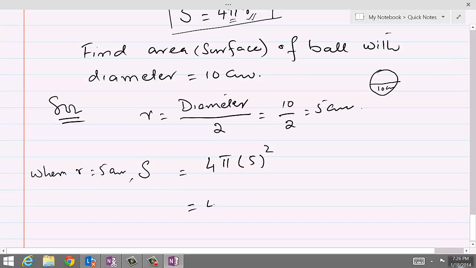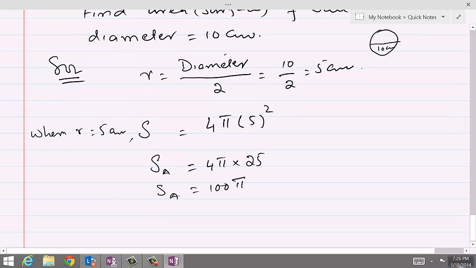Now, 4 pi, and 5 square means 5 times 5, which is 25, and this would mean 100 pi. So that is equal to the surface area of the ball. We can write it as SA.